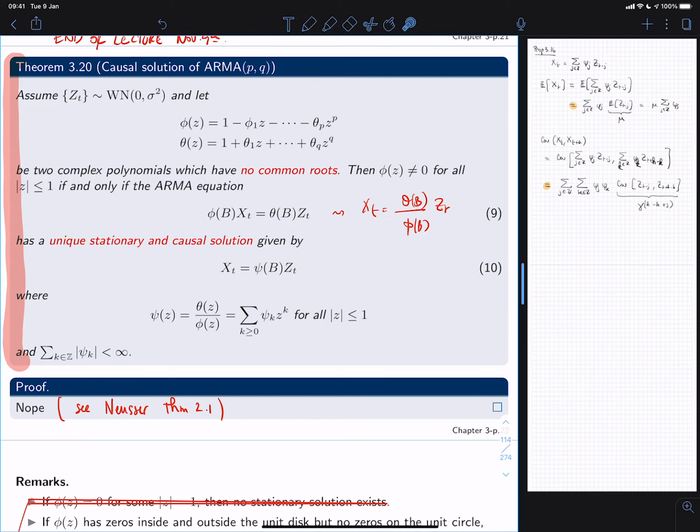So if all the roots of this polynomial here are outside of the unit disk, so maybe I write this. So this condition here says that all roots are outside of the unit disk in the complex plane.